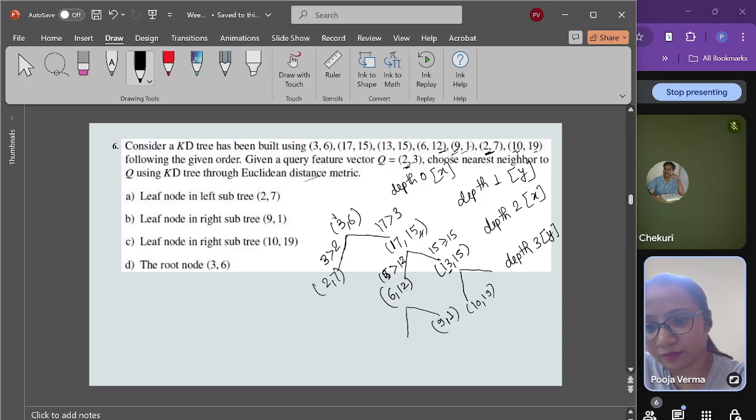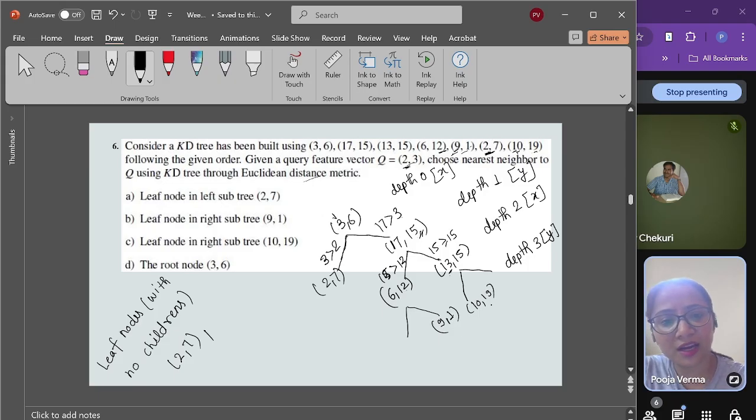So the leaf nodes with no children are first 2 7, that does not have any children, and 9 1 and 10 19, right? Now we need to search for the nearest neighbor for this q equal to the point 2 3.